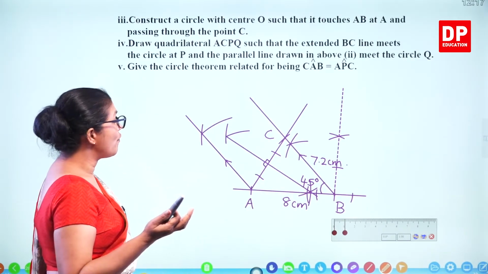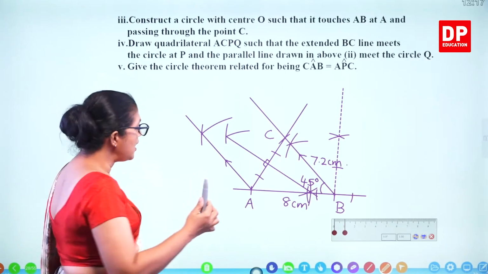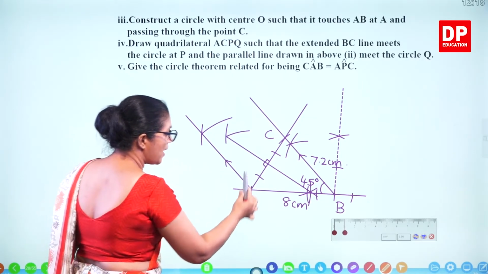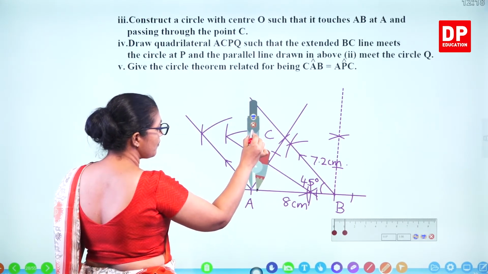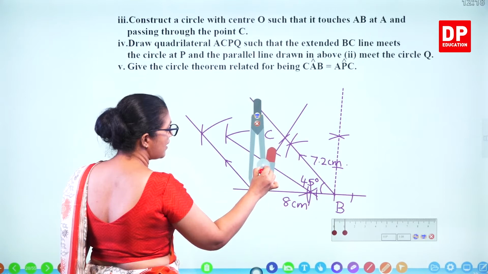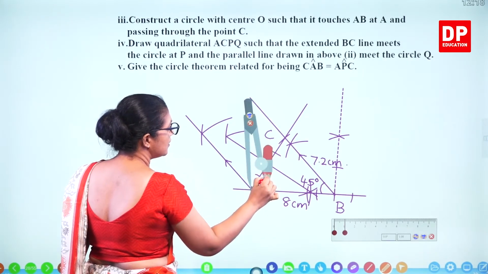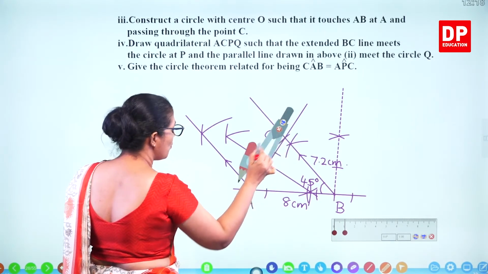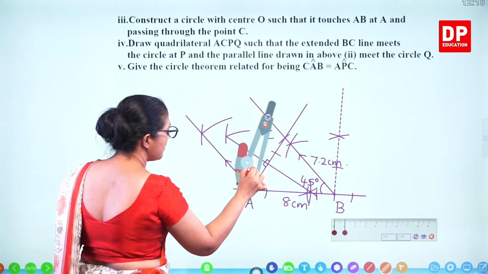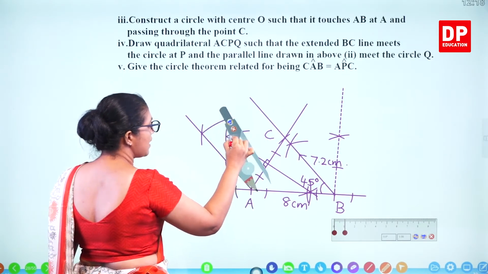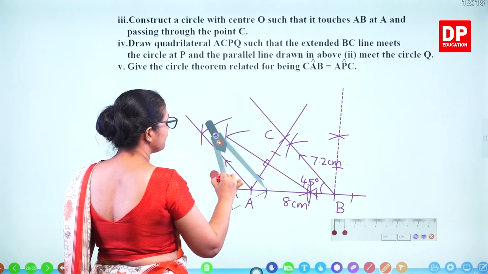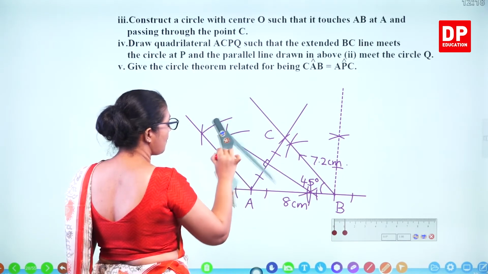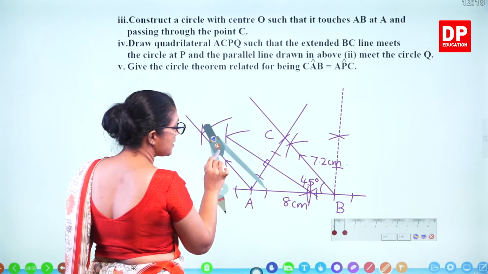Now we need to find the center O. So we need to draw a perpendicular bisector to A. So take the compass. Take any smaller distance you like. Draw two arcs on both sides of this line and take a bigger length and draw the perpendicular bisector.